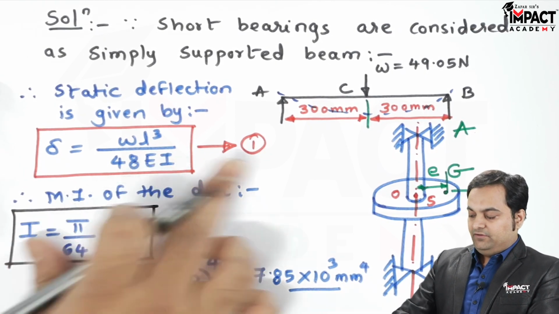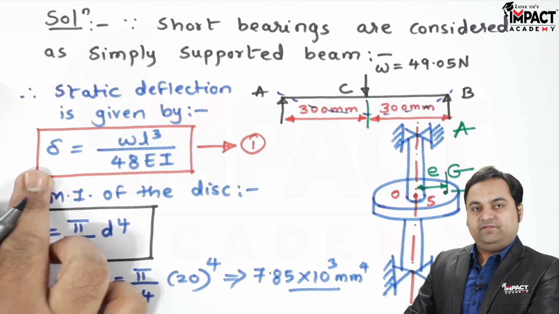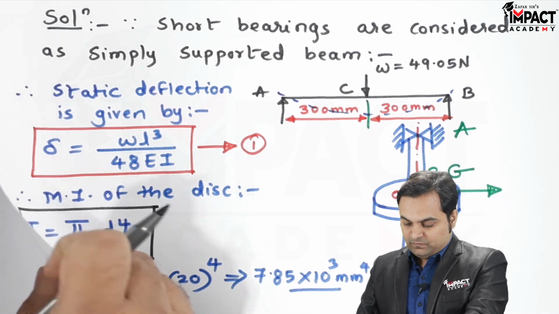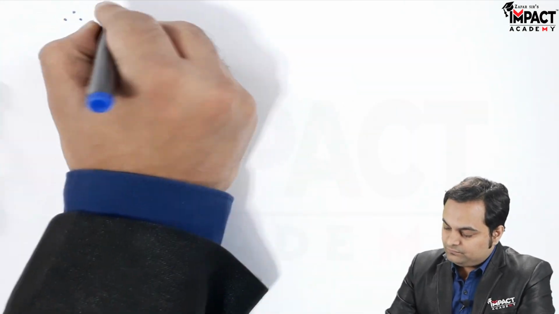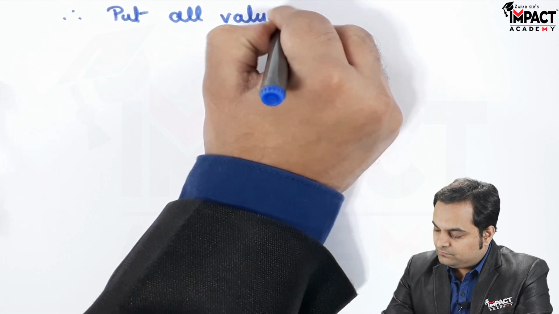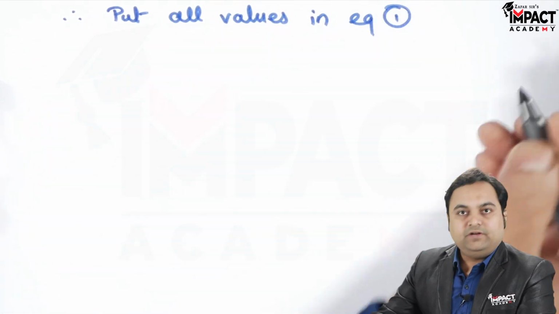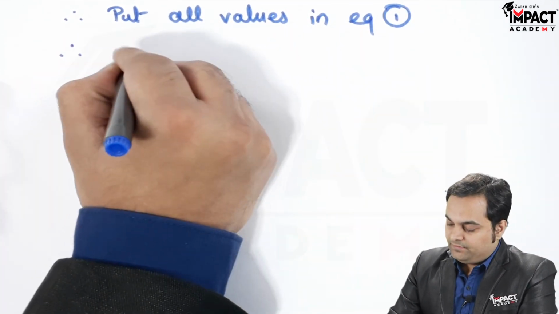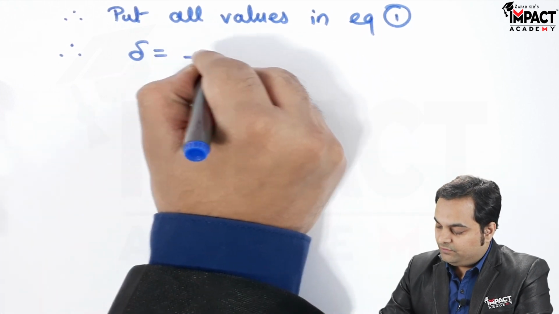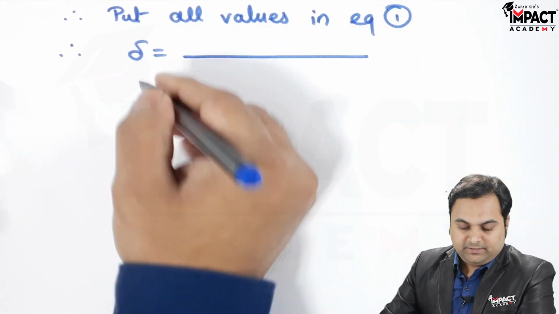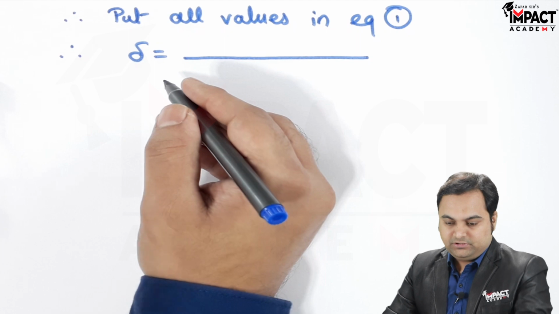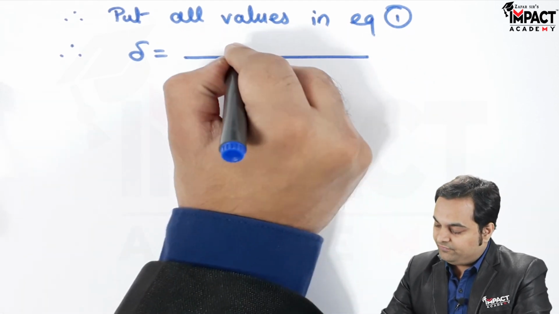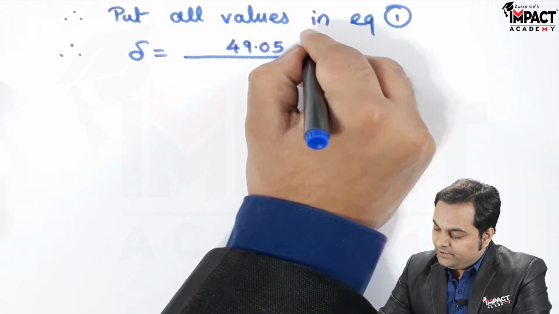Next I'll put all values in equation 1 and get the static deflection. So putting all values in equation 1, the static deflection will be equal to WL cube upon 48 EI. W value is 49.05 into L cube.